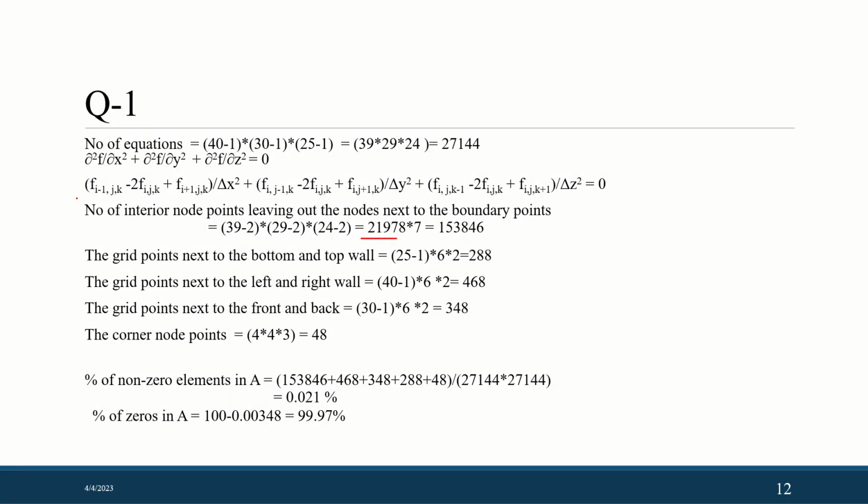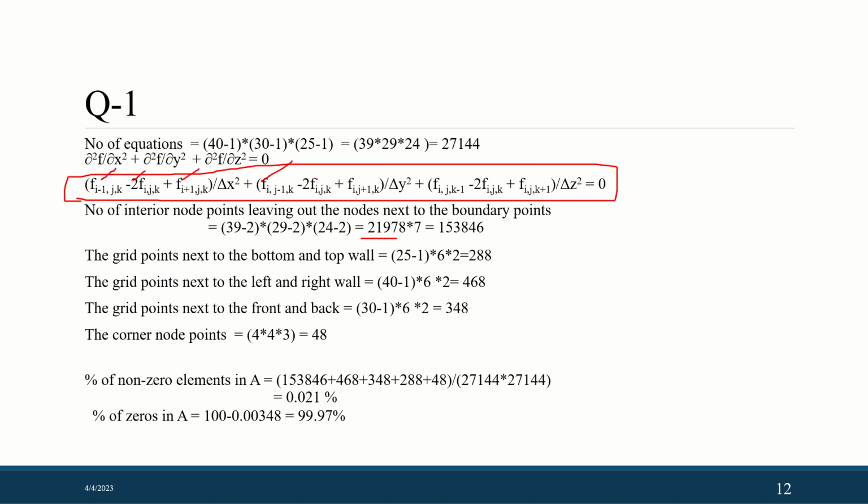The number of non-zero coefficients for those points is 1, 2, 3, 4, 5, 6 and 7 non-zero values, so we are calculating the number of interior grid points and multiplying by 7.